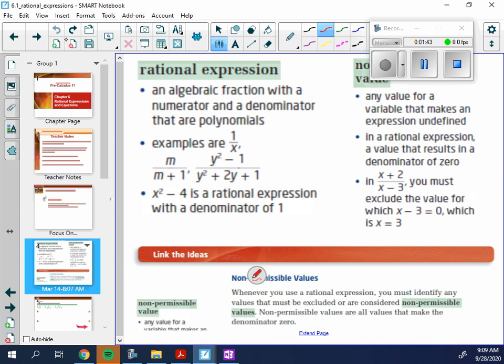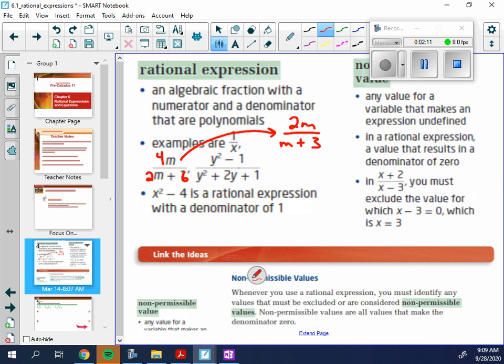The only way you can cross things off like that, where you can cross off some in the numerator and some in the denominator, is if they all have coefficients that can be reduced by the same thing. So let's say that this had like a 4, a 2, and a 6. I can reduce all of those by dividing each one by 2, and this expression could become 2m over m plus 3.